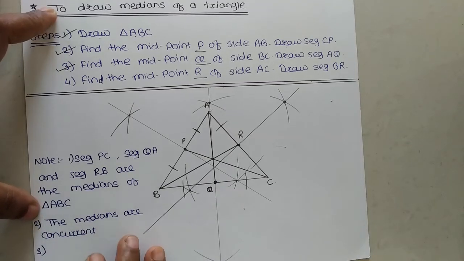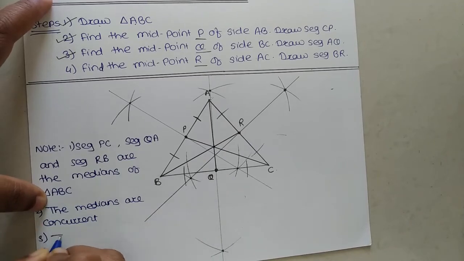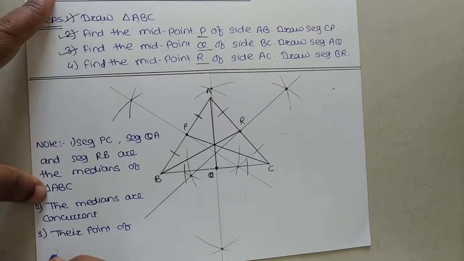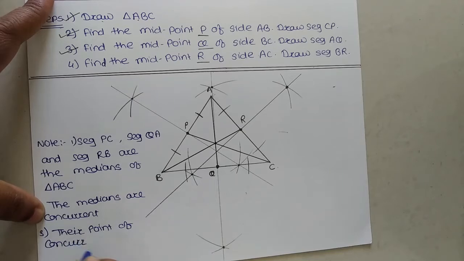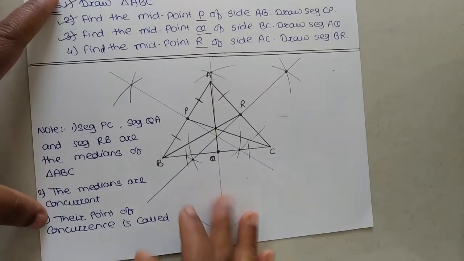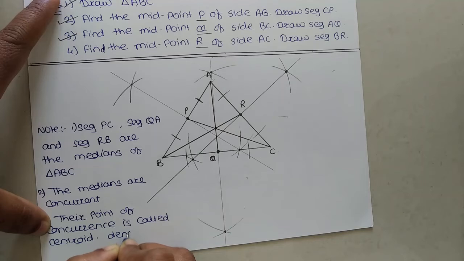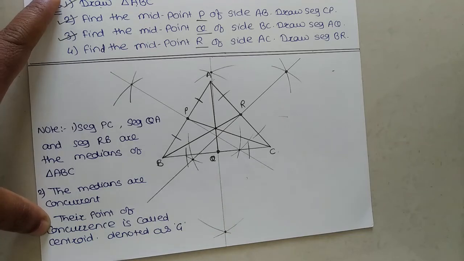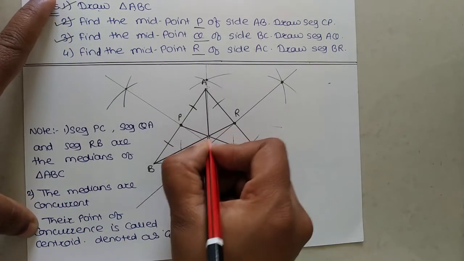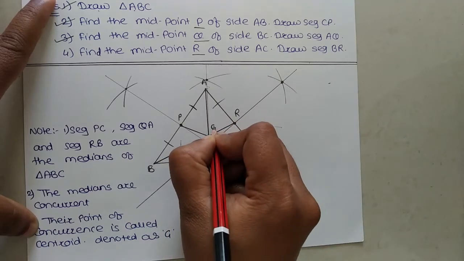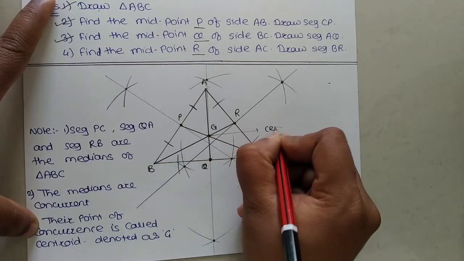Okay, what we have to write? Third one, their point of concurrence is called centroid, and it is denoted as capital G. Okay, that means this point is the centroid, and this is denoted as capital G. This is a centroid.